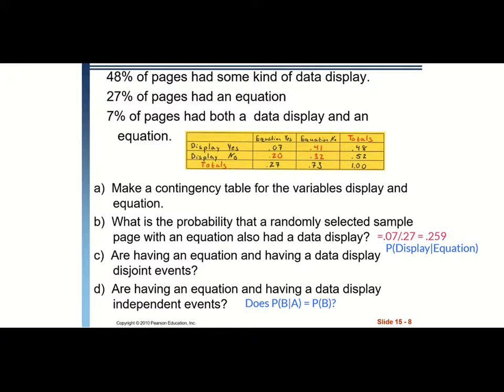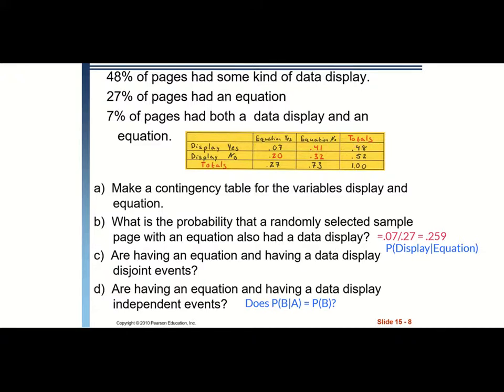So to start off, let's just define the probability of picking a page with a display. I can't highlight very well at the bottom of the slide there. So the probability of selecting a page with a display is in this top row here, and it's 48%.